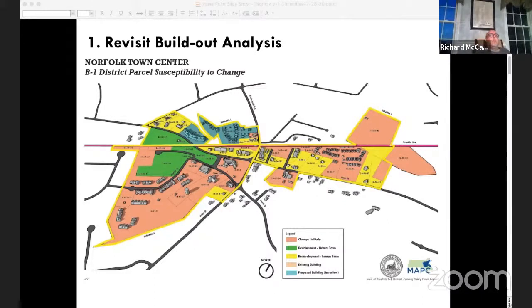How about other committee members? I think we talked about creating a realistic core area within the B1 district, where realistic retail and commercial development might happen and where we would want it to happen.